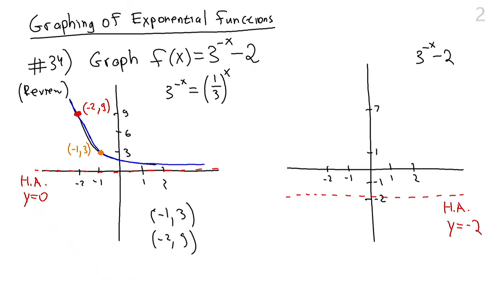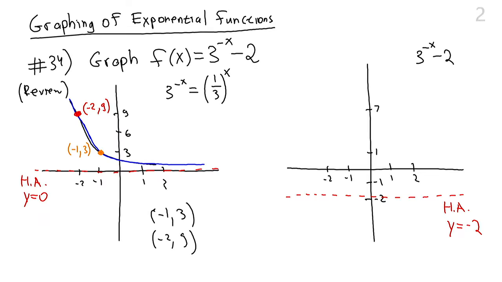In a vertical shift, the horizontal asymptote gets moved with the vertical shift. In a horizontal shift, the vertical asymptote gets moved. The same as with rational functions and their asymptotes.